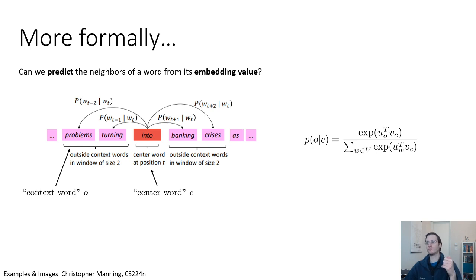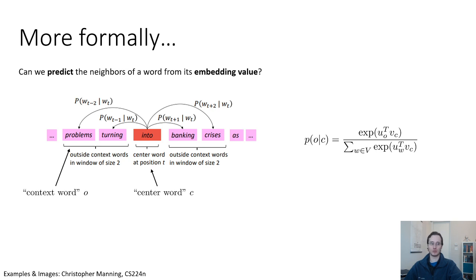And then we'll say the probability that O is a context word for a center word C is going to be given by the softmax applied to the U vector for O, which is UO, transposed with the V vector for C, which is VC. So it's just the softmax on UO, VC. And of course, we normalize in the softmax by a sum over all possible words.